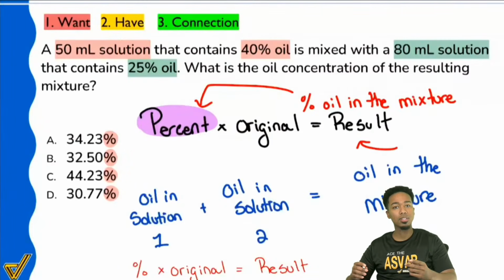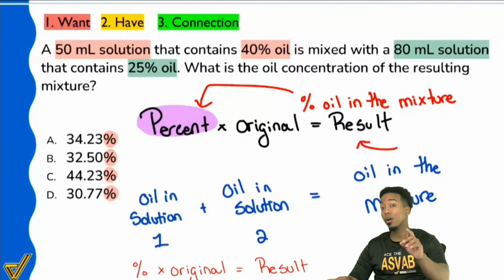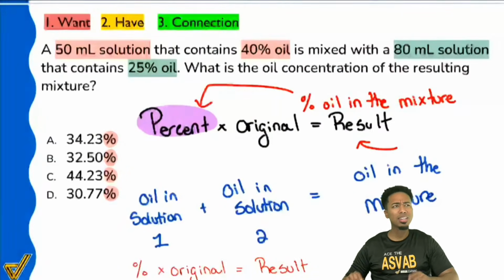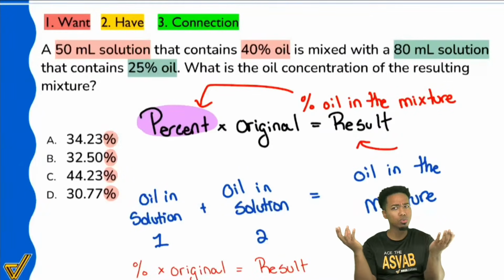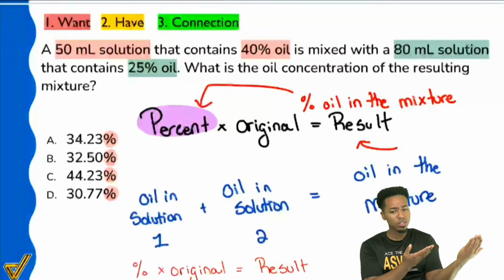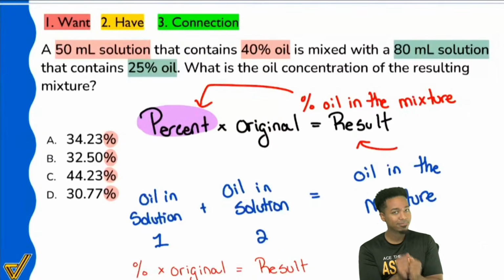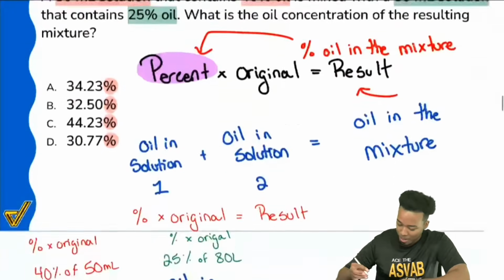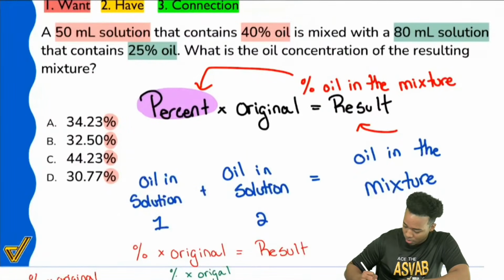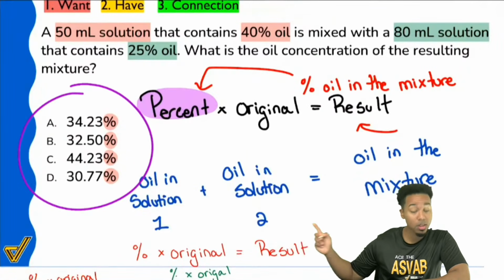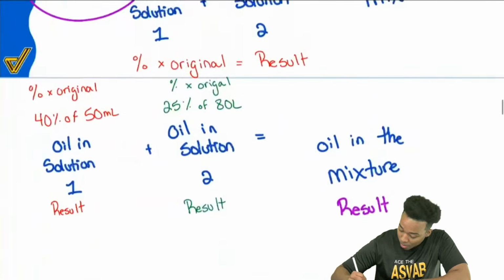But remember, everybody, what are we talking about? We're talking about a mixture. So how do you obtain a mixture? What do we do with solution 1 and solution 2 to get the mixture? Yes, we added them. So, guess what? We're looking for the percent. Those are the answer choices. I am looking for the percent.